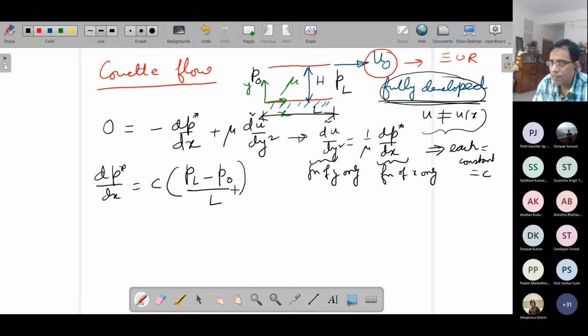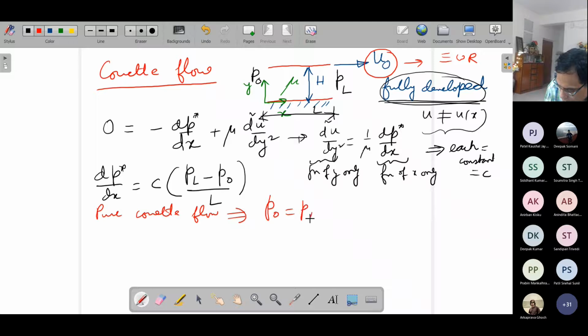Now, in reality, one may apply a pressure gradient, not that this is 0. You call something pure Couette flow when you do not apply any pressure gradient. That means there is no Poiseuille component.